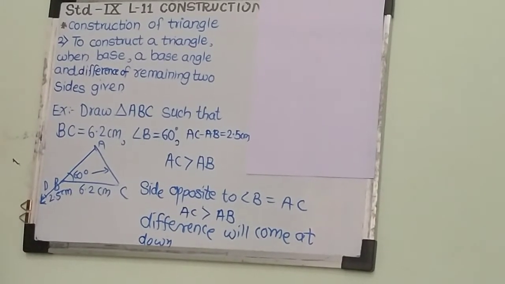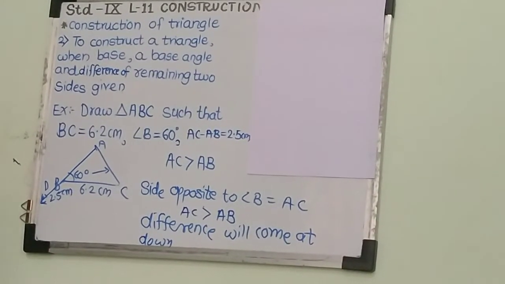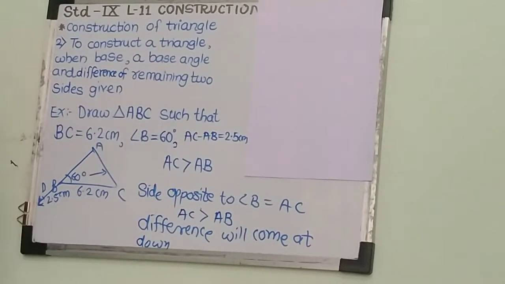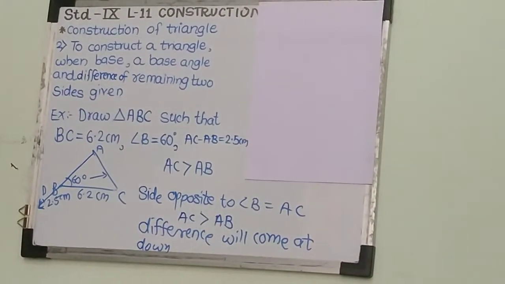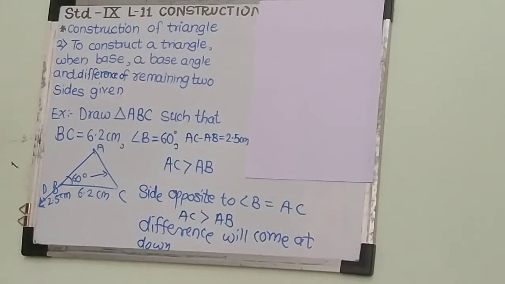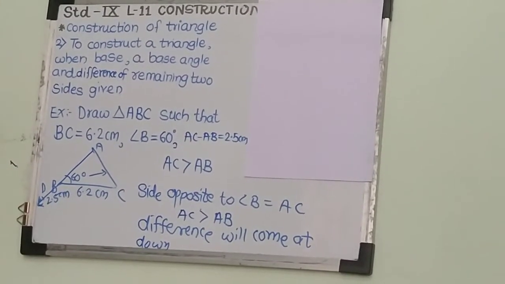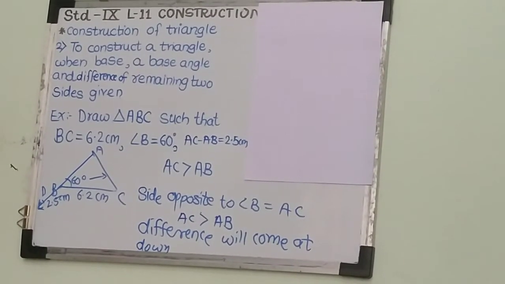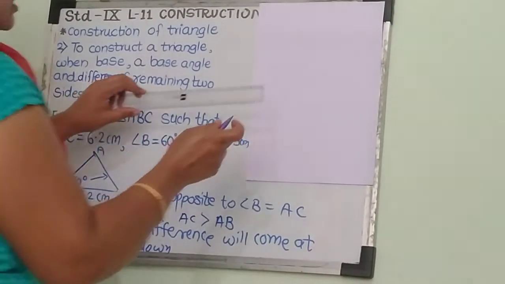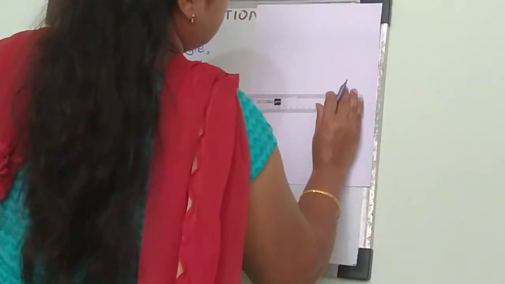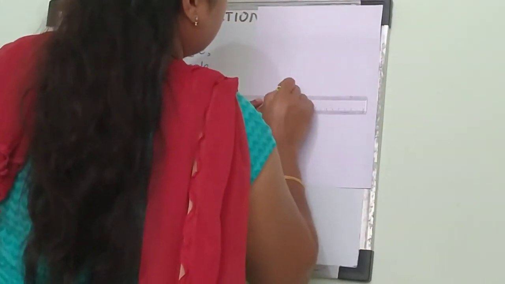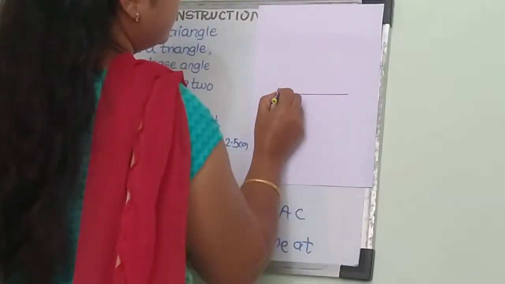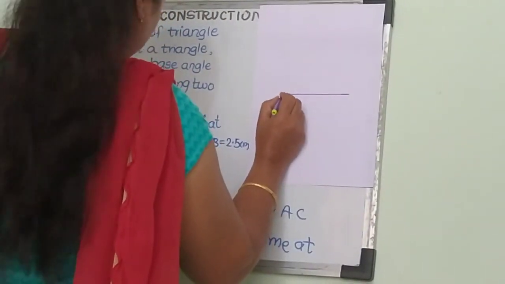So let us take how we are going to construct. So for this, first we are going to draw the base which is of 6.2 centimeter. So first I will draw here base, which is of 6.2 centimeter.